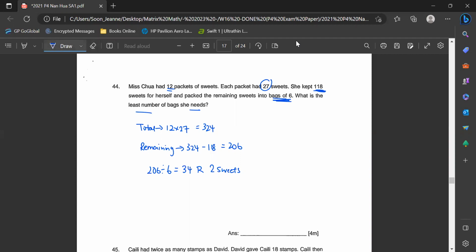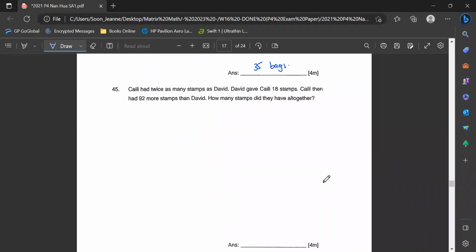So that means these 2 sweets, you cannot just leave them anywhere. You need to add 1 more bag, which means total is 34 plus 1, 35 bags. Okay, question 45.